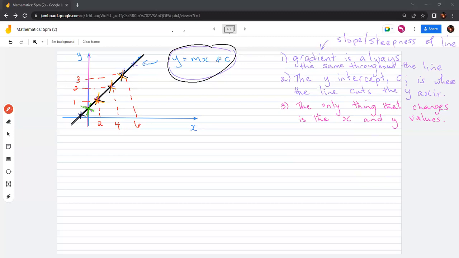So the only thing that's changing is my y and my x values. That's why we can use any 2 points on the line to help us find the gradient of that line, right? So hence, we can use any 2 points on that line.